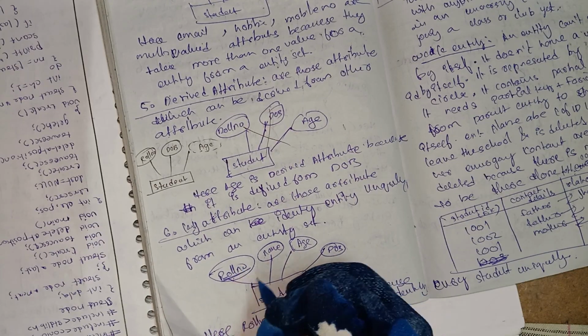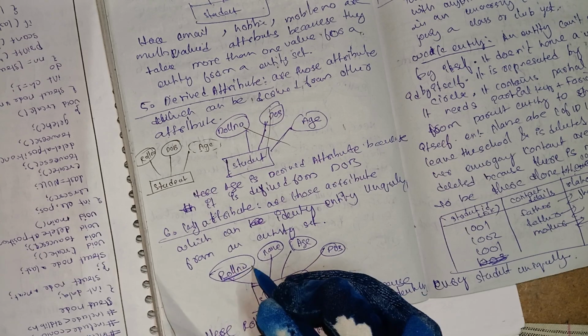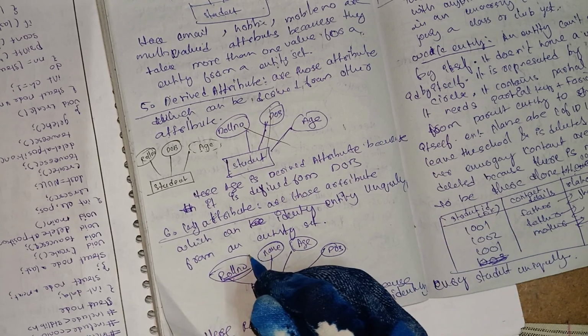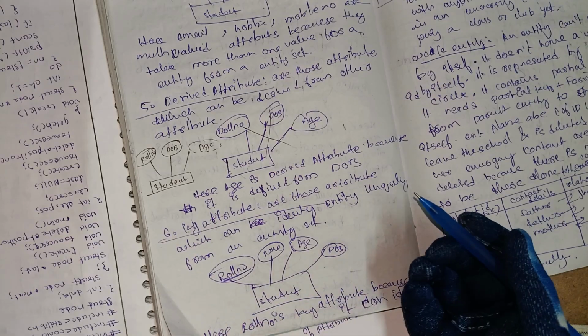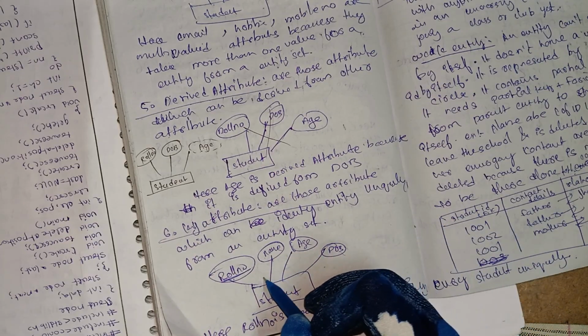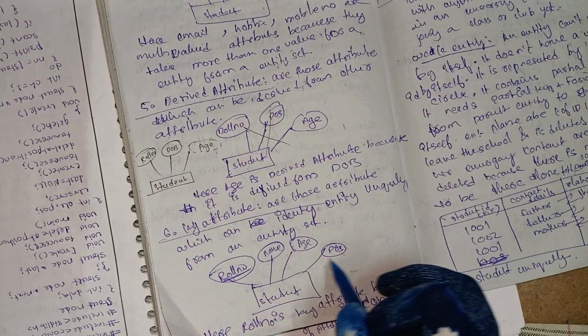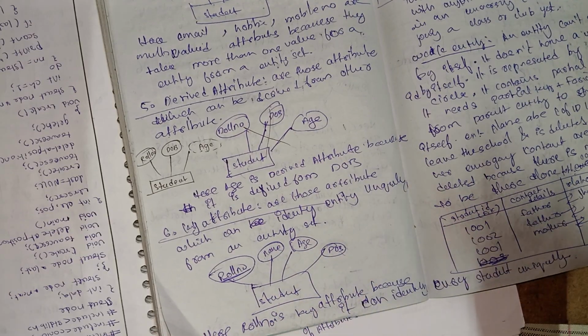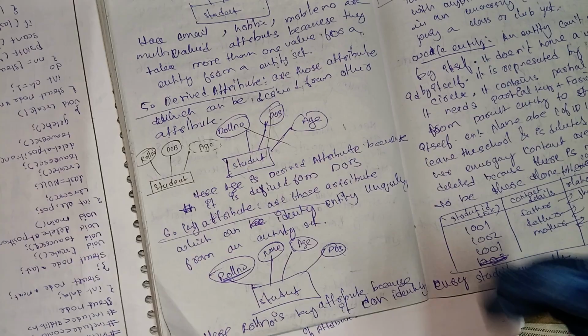This roll number column will not contain any duplicate values or any null values. That's why it is made the key attribute, which is also called primary key, which identifies each row of these columns uniquely. So through that we can delete, update, or insert in the tables.